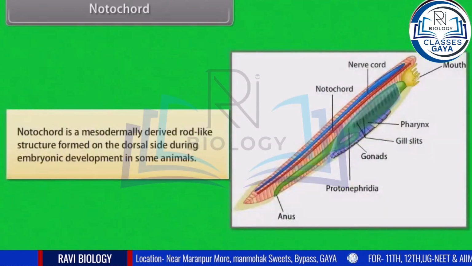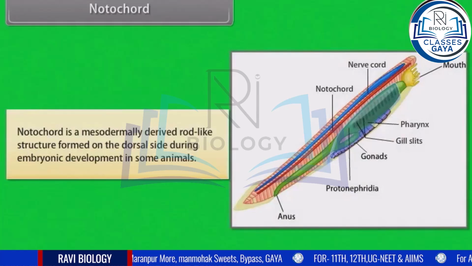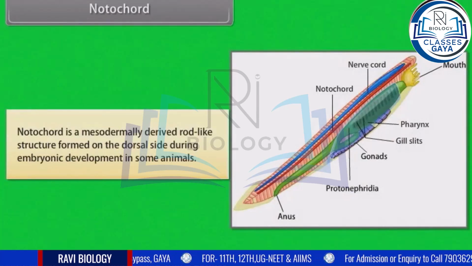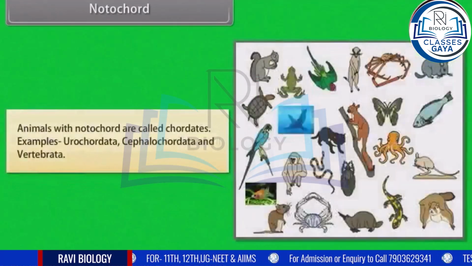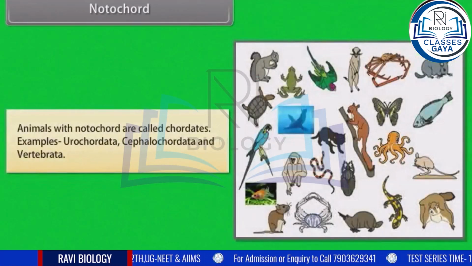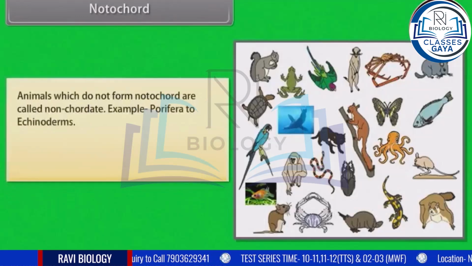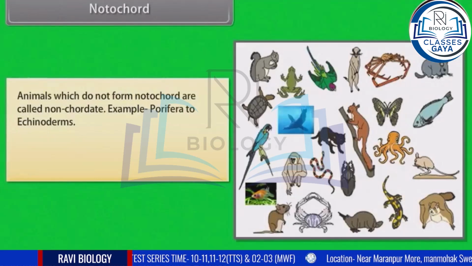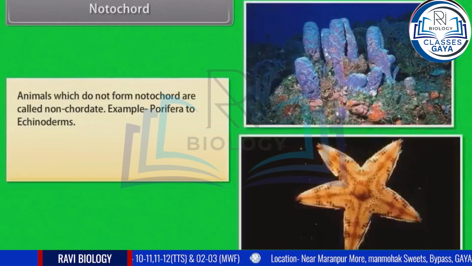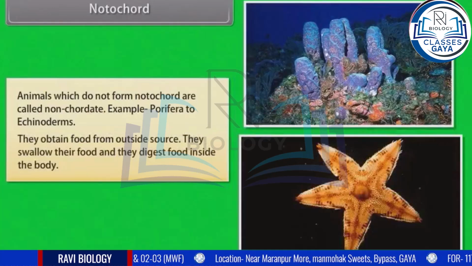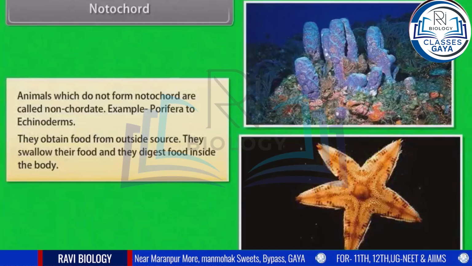Notochord is a mesodermally derived rod-like structure formed on the dorsal side during embryonic development in some animals. Animals with notochord are called chordates. Example, Urochordata, Cephalochordata, and Vertebrata. Animals which do not form notochord are called non-chordates. Example, Porifera to echinoderms. They obtain food from outside source. They swallow their food and they digest food inside the body.